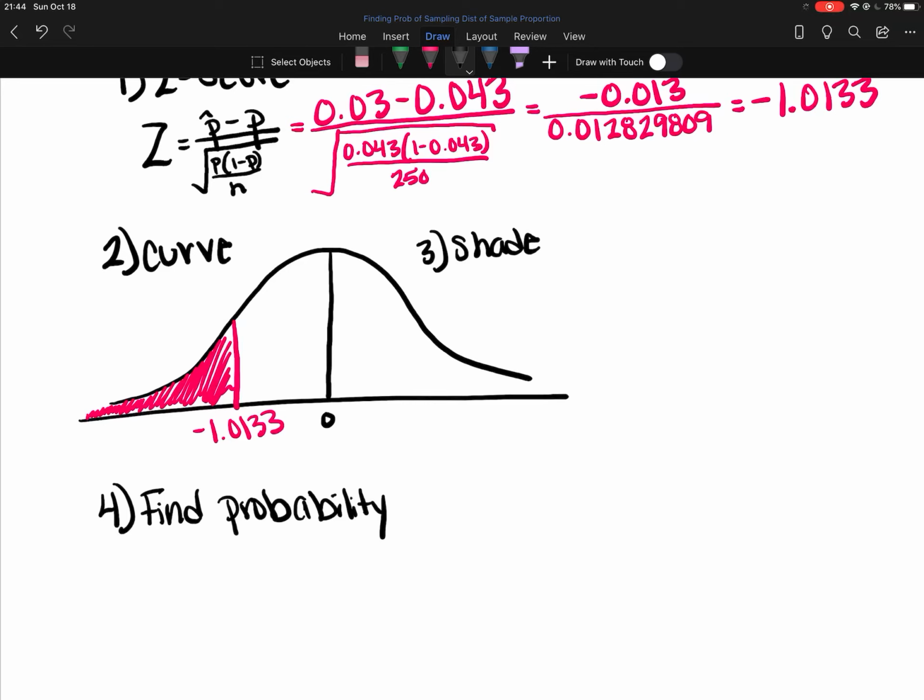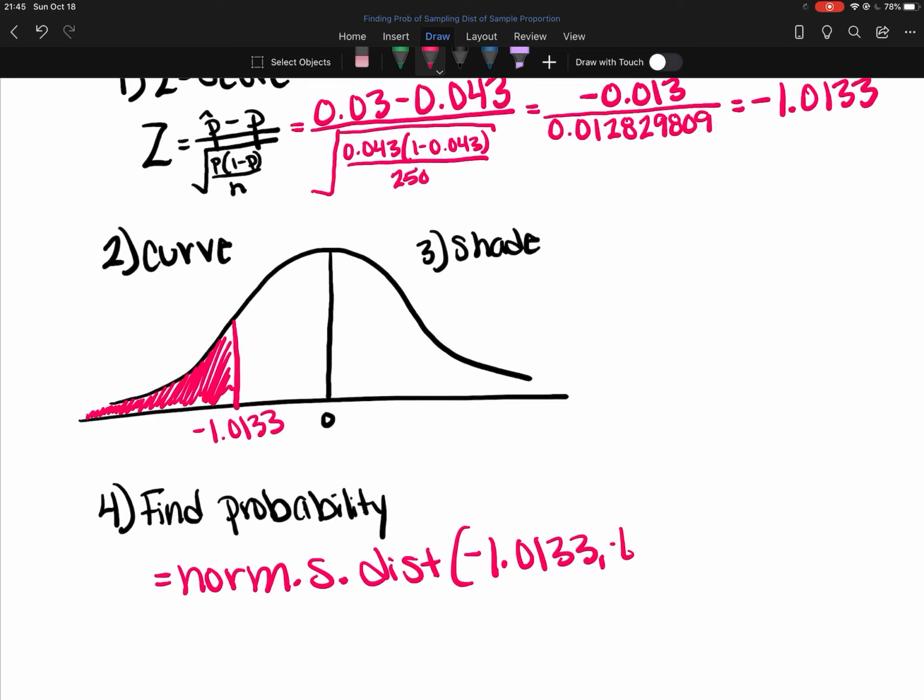Using Excel. So equals norm.s.dist. Type in the z-score followed by true. Negative 1.0133.